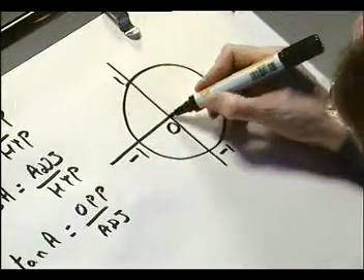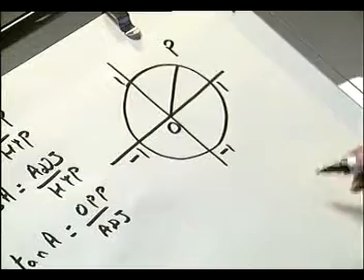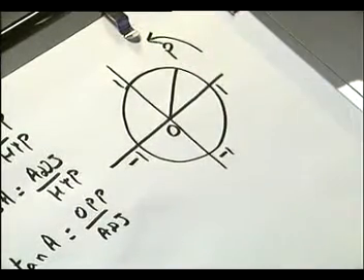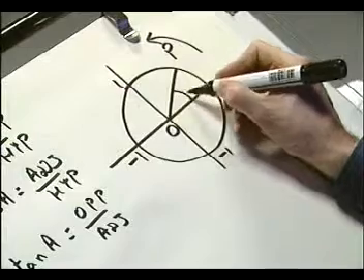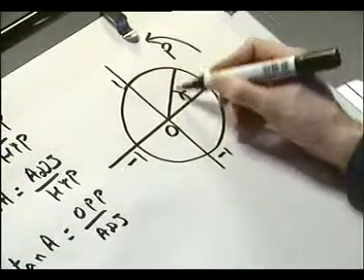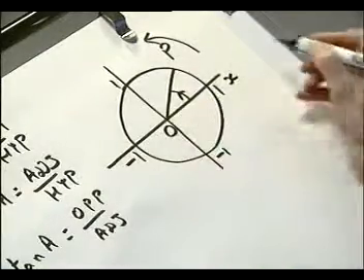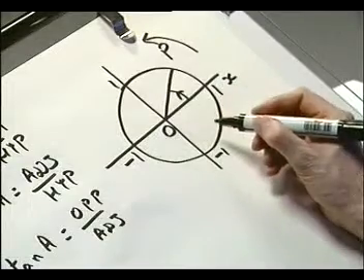Let's imagine a point P on this circle, and it moves round the circle in that direction. In other words, it moves round anti-clockwise. Then this is the angle that OP makes with OX, the x-axis. So there's an acute angle.